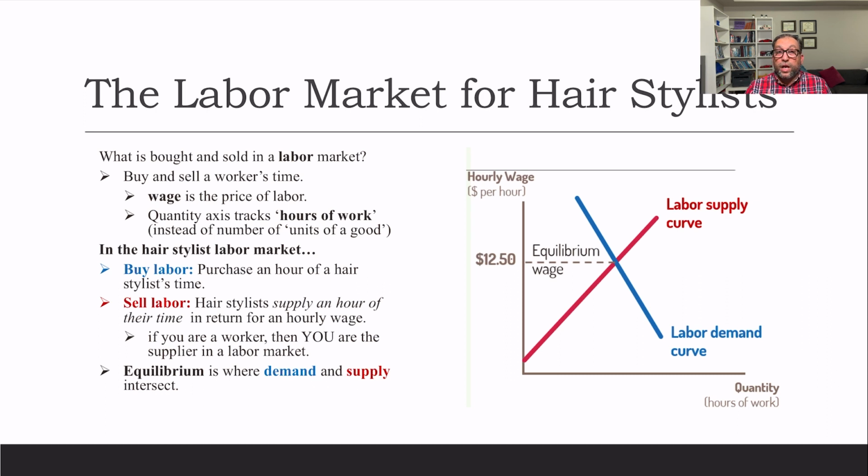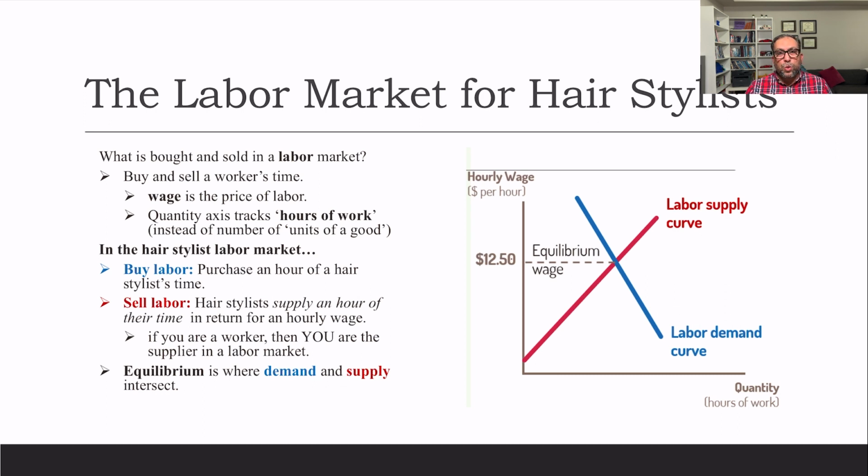So wage is the price of labor. The wage is the price, and it depends on demand and supply. Wage is the price for each hour the worker is willing to sell and the firms are willing to buy. Quantity axis tracks hours. Now, in a standard supply and demand model, we plot quantity supplied and quantity demanded on the x-axis, the horizontal axis, and price on the vertical axis.